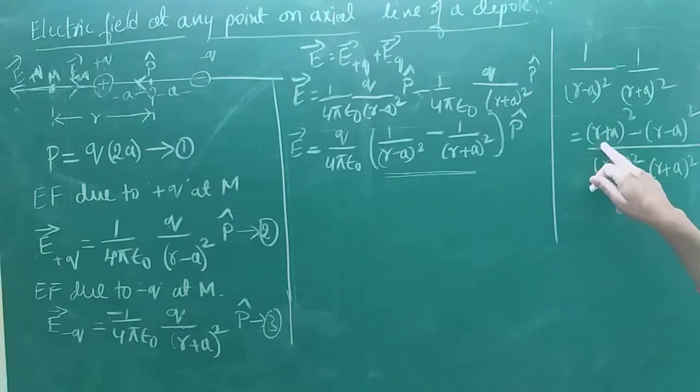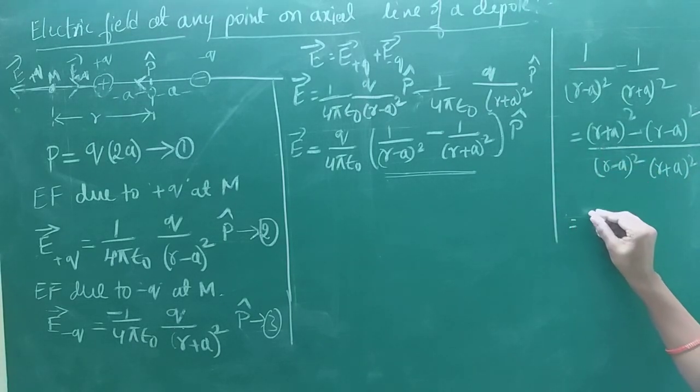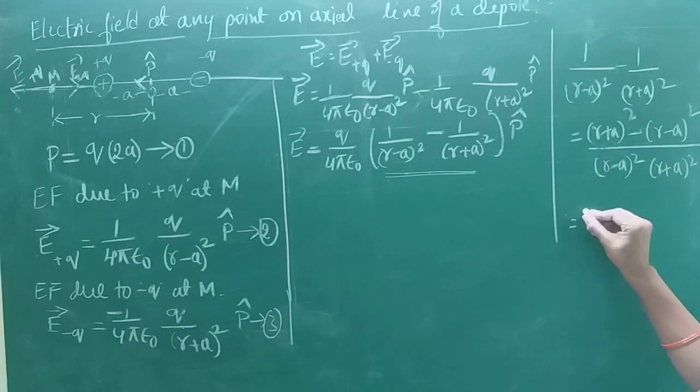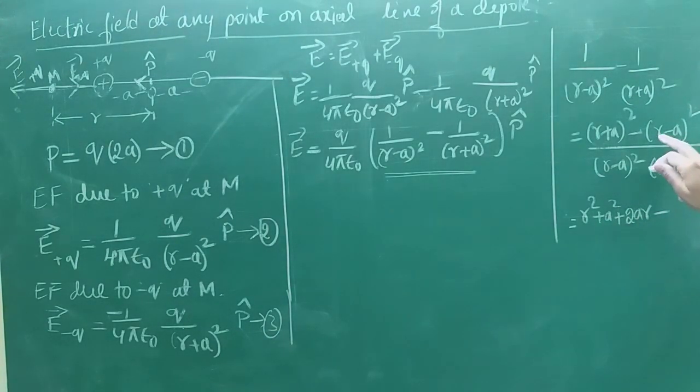Now see, this is in the form of (A plus B) whole square, right? So we write this as A square plus B square plus 2AB. That means R square plus A square plus 2AR, minus, this is R square plus A square minus 2AR.